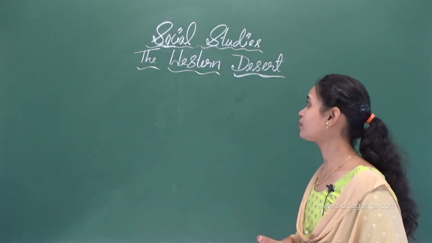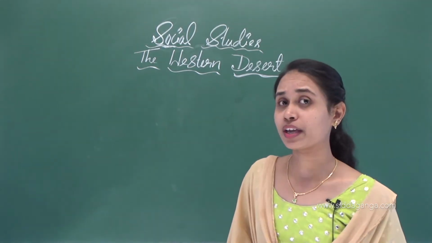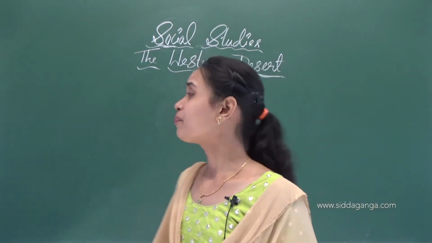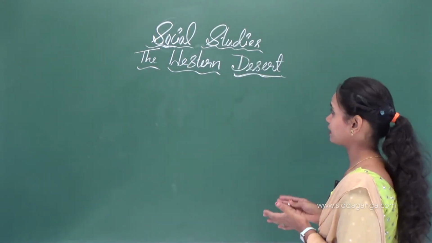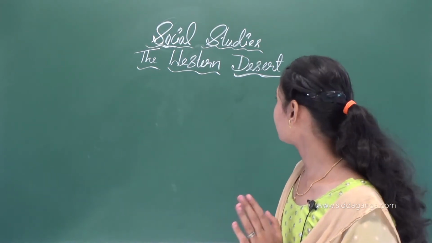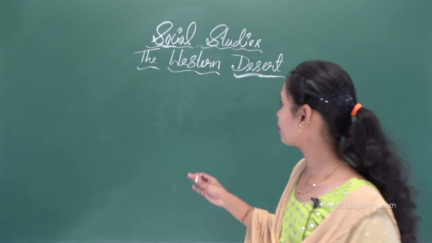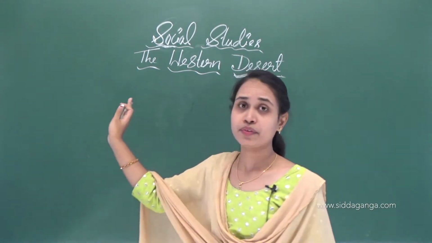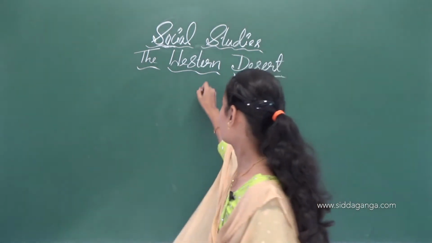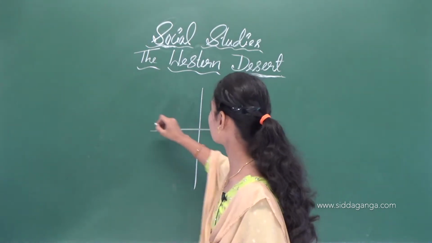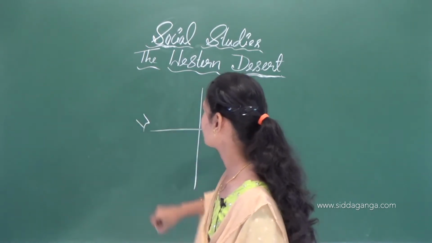Let's learn about the Western Desert and explore new things. You have all heard about the desert. Western means it lies on the west side.